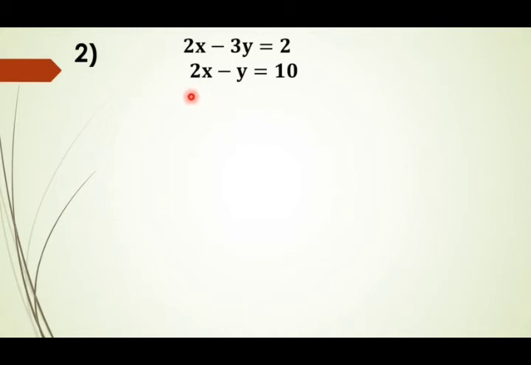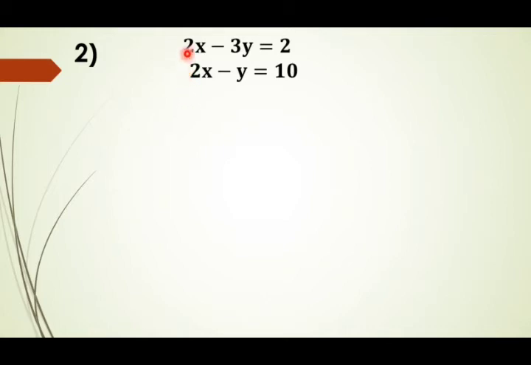That's right. Mas madaling i-eliminate muna ang variable x because if you will observe, ang numerical coefficients ng x ay parehas positive 2. Pag pinag-combine mo, hindi makakancel, hindi magiging 0.